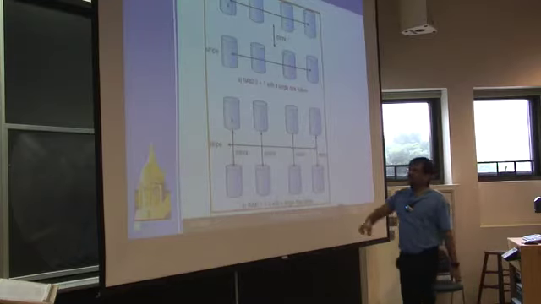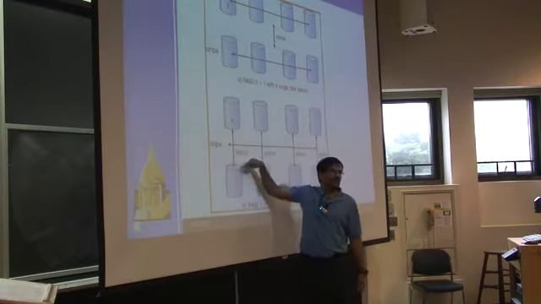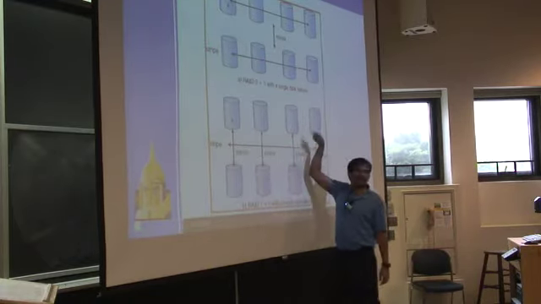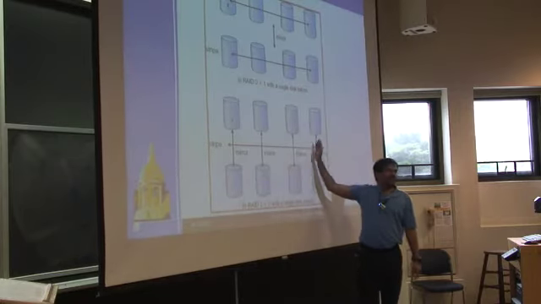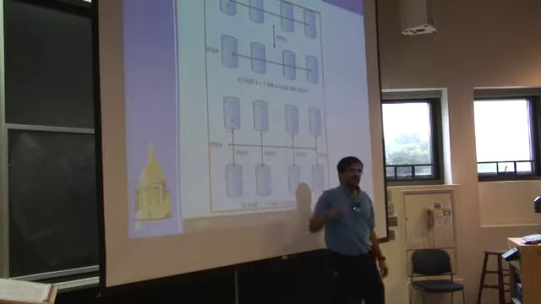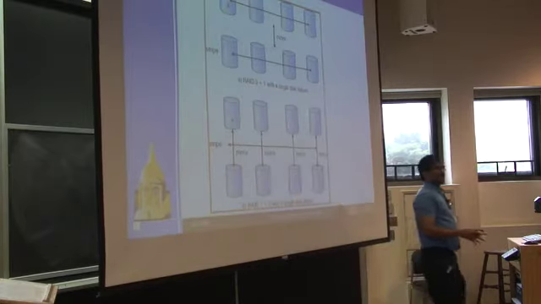RAID 10 is you take 2 disks, mirror them, 2 disks, mirror them, 2 disks, mirror them, 2 disks, mirror them, and then you stripe those 4 mirrored file systems.